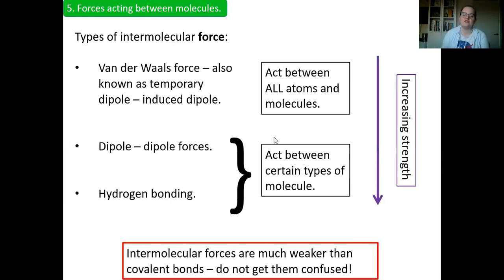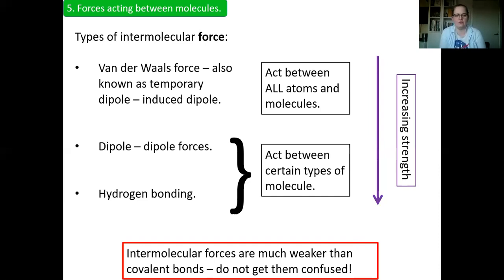They also increase in strength. Hydrogen bonds are the strongest type of intermolecular force. Van der Waals are the weakest. These are so much weaker than covalent bonds, so do not get them confused. Whilst we're calling them bonds or forces, they are really so much weaker than covalent bonds.